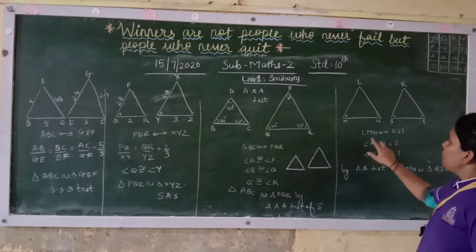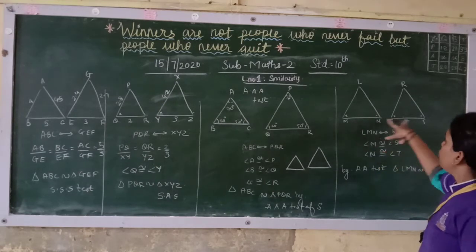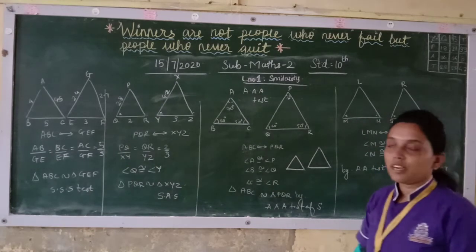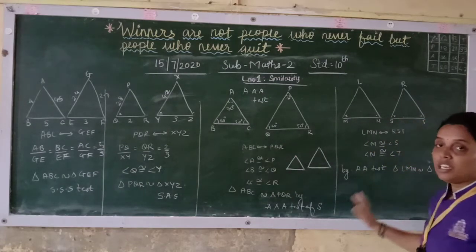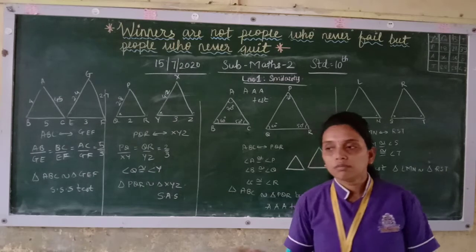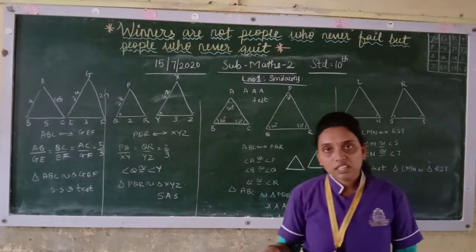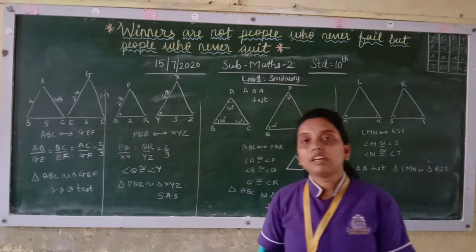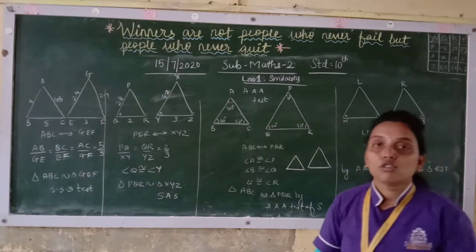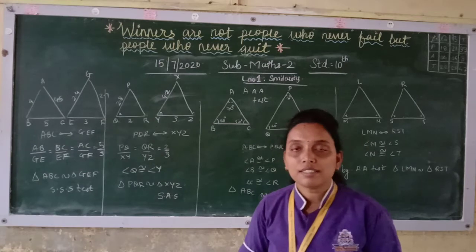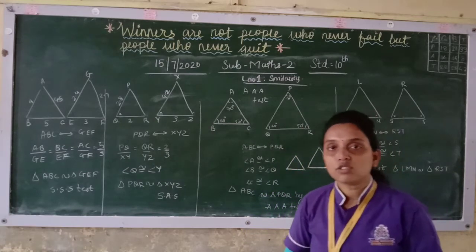Now here we are able to show only two corresponding angles are congruent. So M is congruent to S and N is congruent to T. Even if you are able to show two angles are congruent, then the two triangles will be similar by the AA test of similarity.